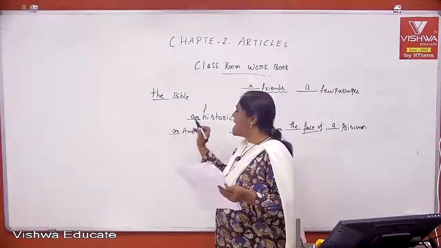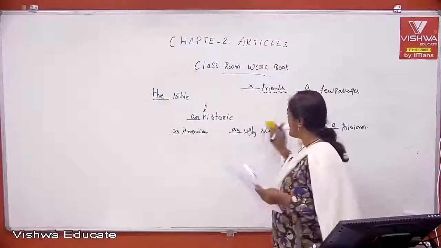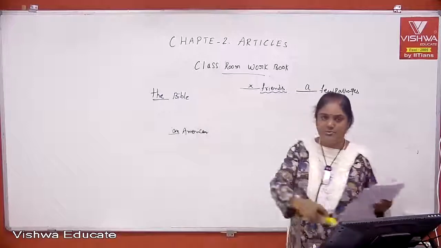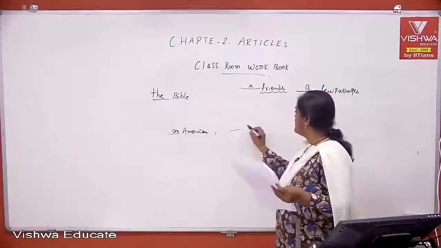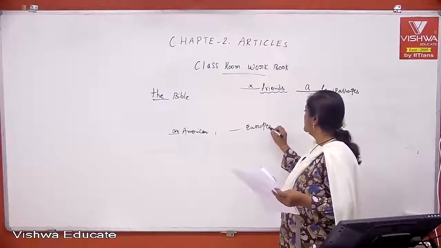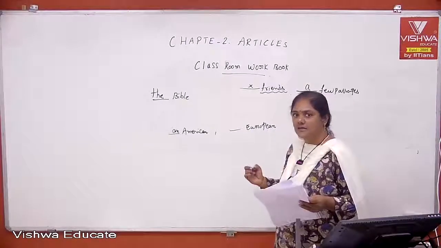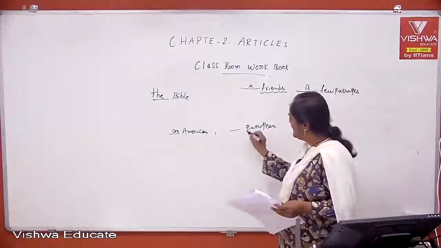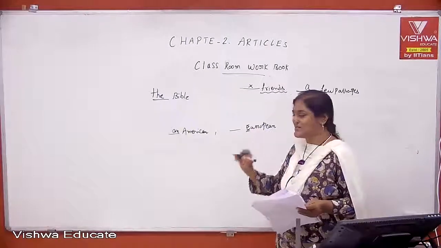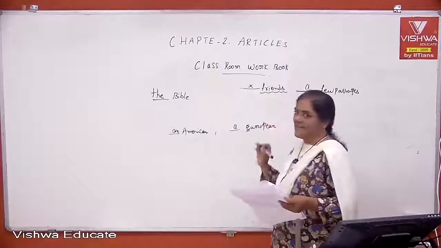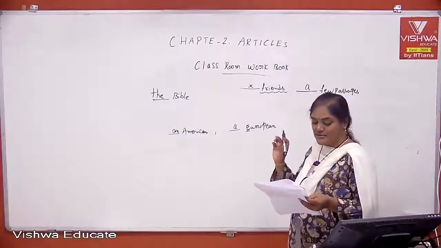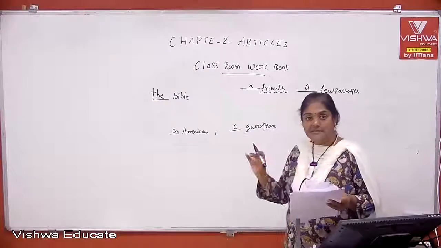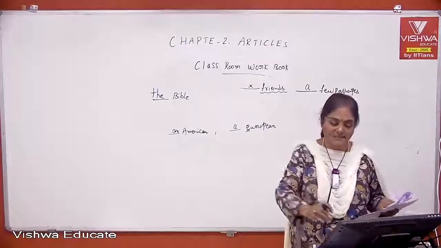Vowel. So, an American. Then who is Sam? European. The u is a vowel, but the sound is a consonant sound. So, a European. So, Annie is an American, but Sam is a European. Fantastic.